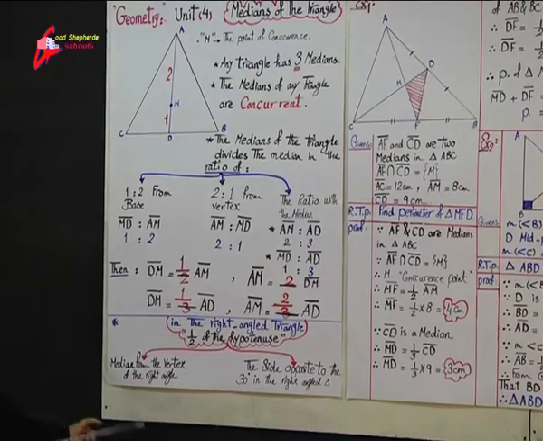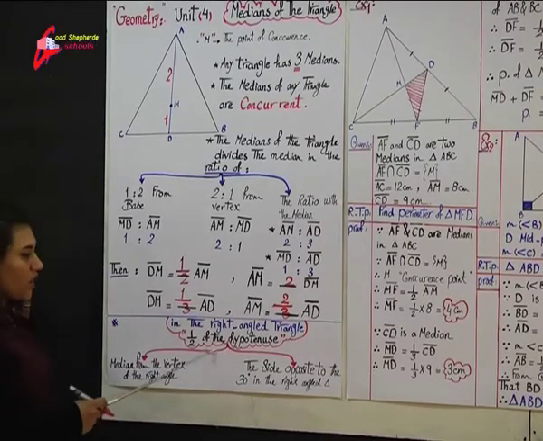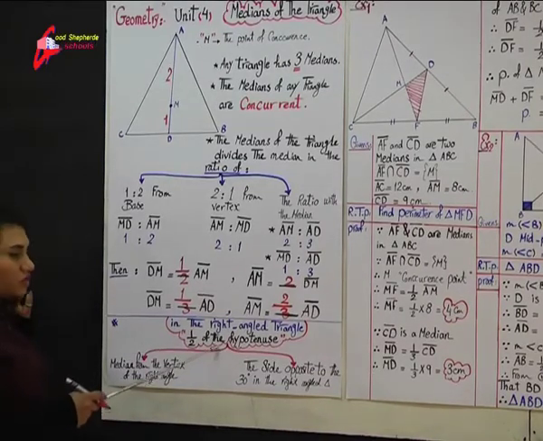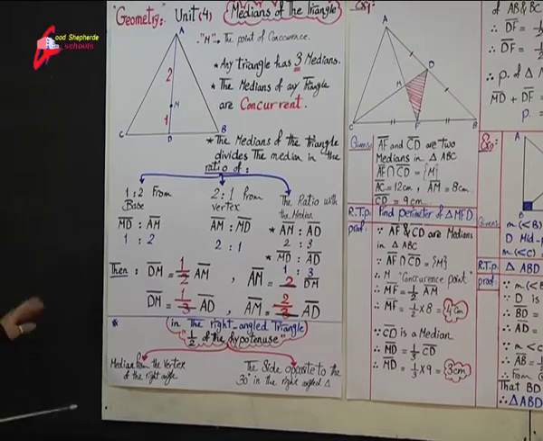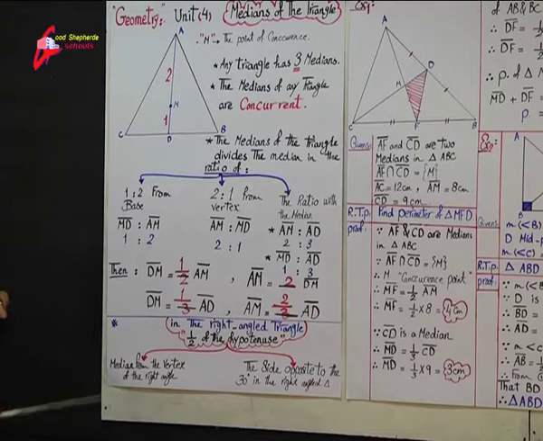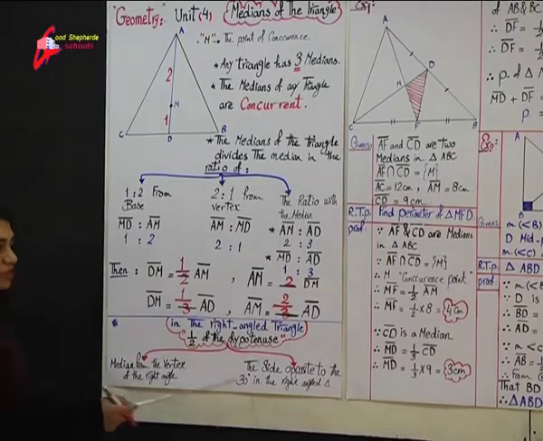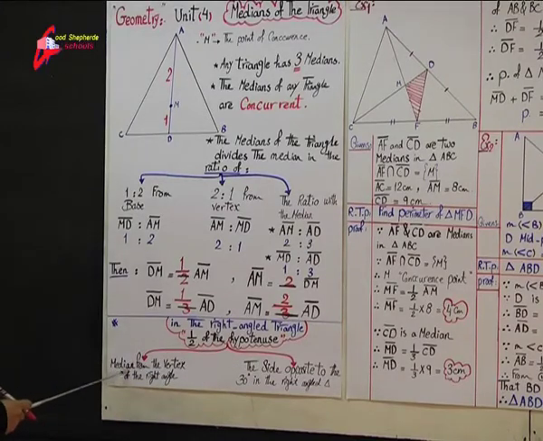You can also have medians in the right-angled triangle, but in the right-angled triangle you have a hypotenuse, and the hypotenuse, if you remember, is the only side opposite to the right angle. All the time in the right-angled triangle, 2 parts will be half of the length of the hypotenuse. One of them is the median drawn from the vertex of the right angle.